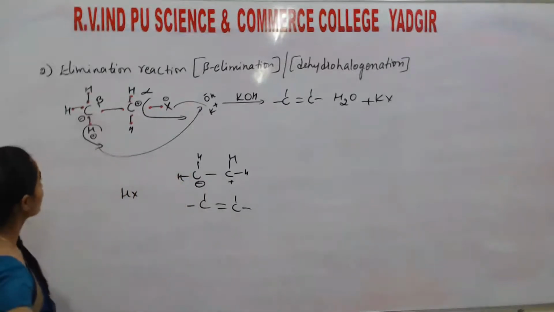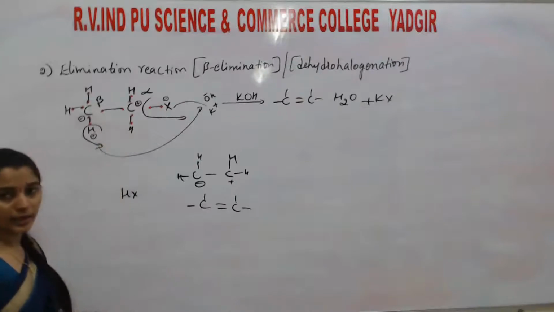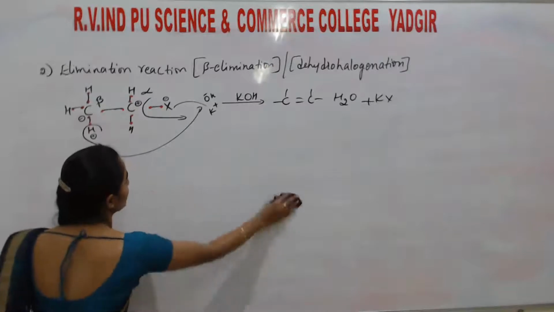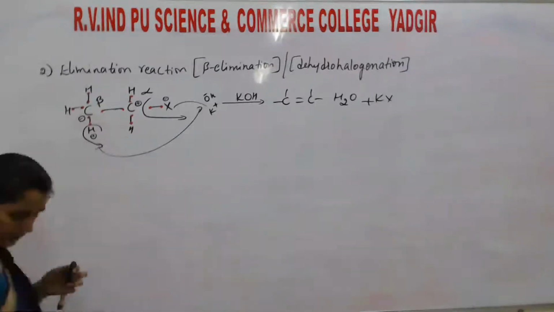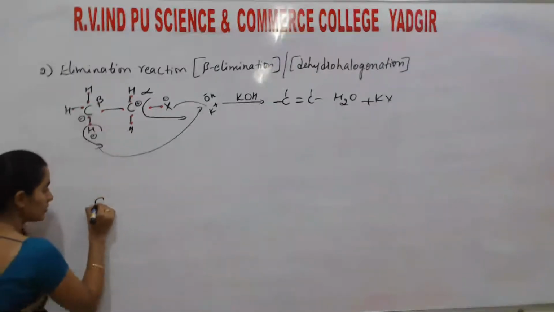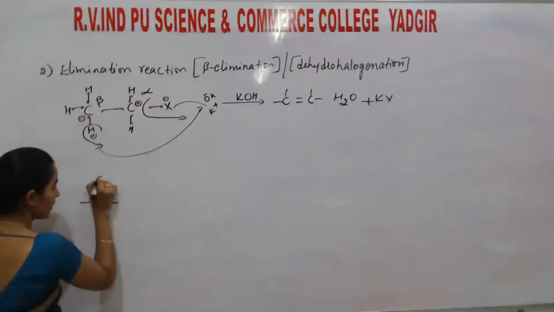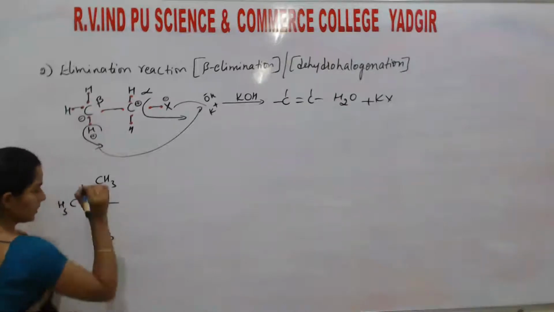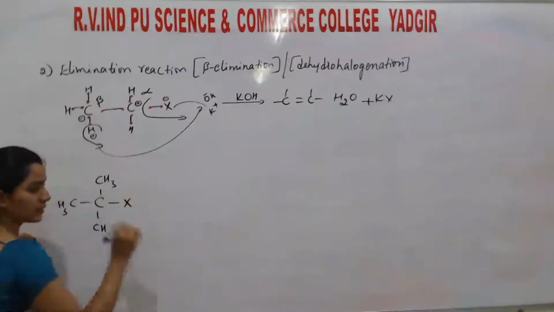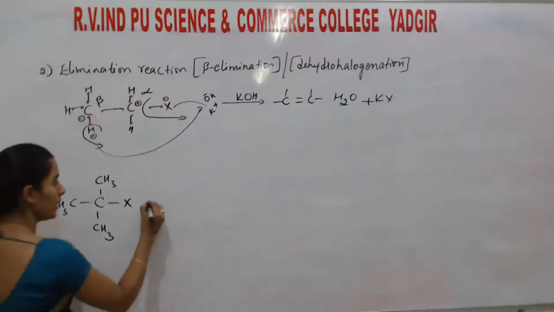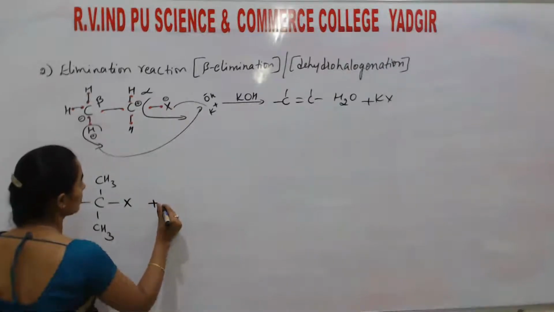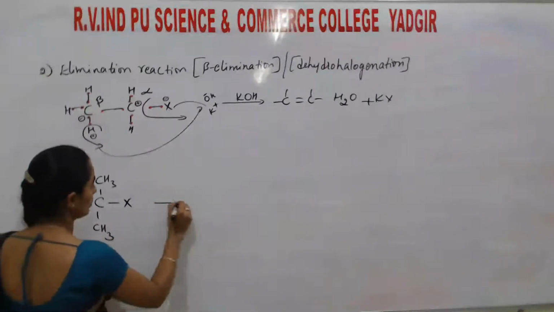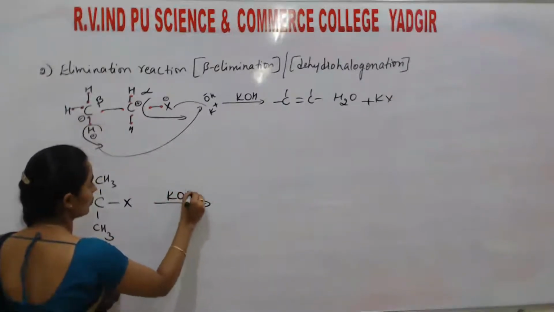So if this is a primary alkyl halide, correct? If I take a secondary or tertiary alkyl halide, so listen, CH3, CH3, CH3, X is there, plus R in the presence of KOH.